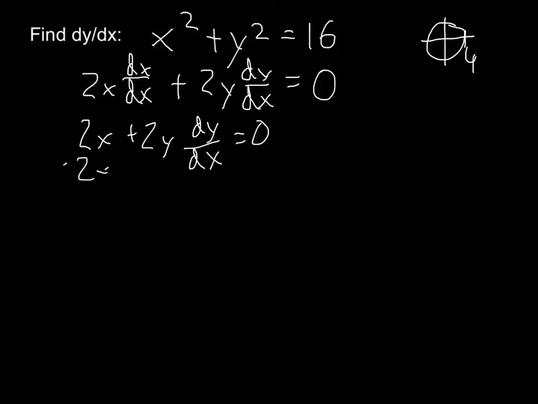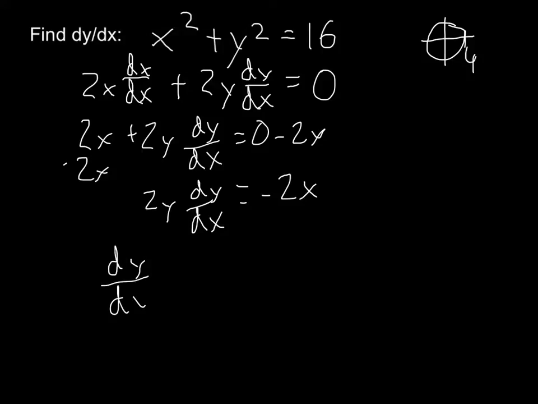Move that 2x over to the other side, and then we'll divide the 2y over here in a second. 2y dy dx equals negative 2x. So then dy over dx equals negative 2x over 2y, which equals negative x over y.